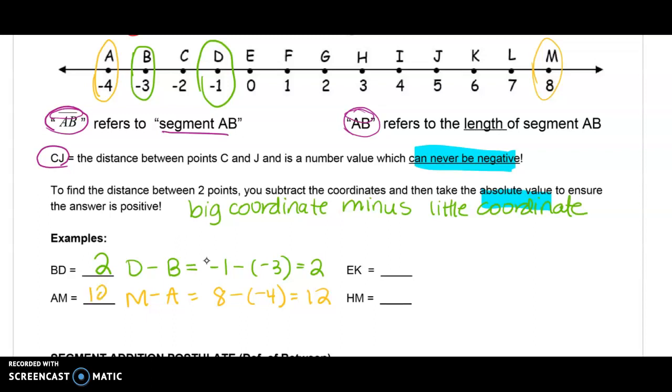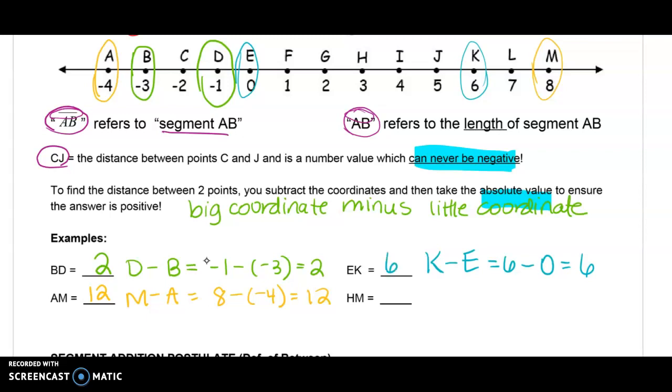So our length of AM is 12. Looking at EK, E is at 0, K is at 6. So we're going to do K minus E, which will be 6 minus 0, which is 6. So the length of EK is 6.